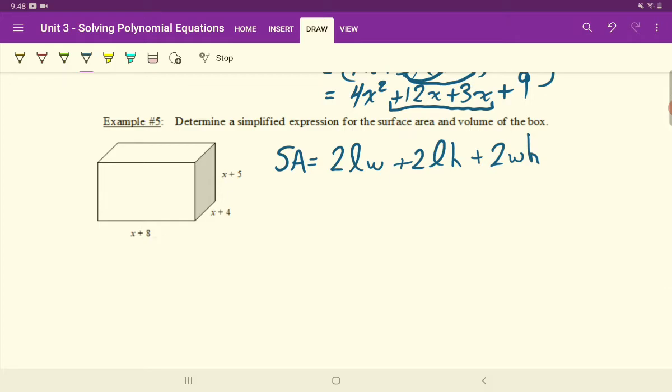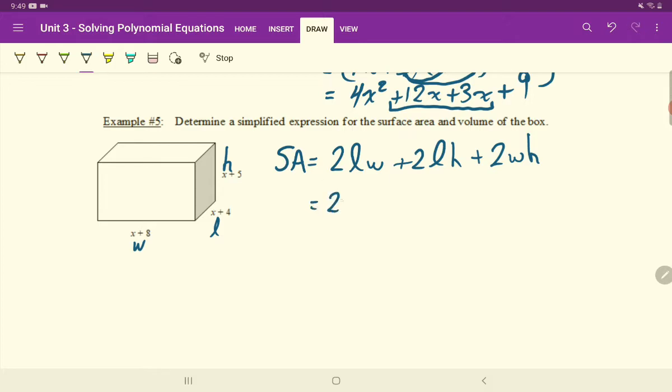So we can call this our width. It doesn't matter which one you call what. We'll call this our length, and we'll call this our height. Now let's plug each of these expressions into my formula.